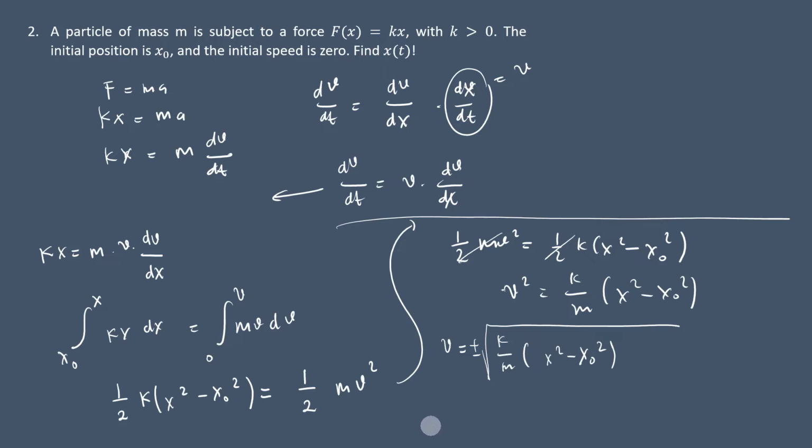And we can write v as dx/dt equals the square root of k/m (x squared minus x0 squared).